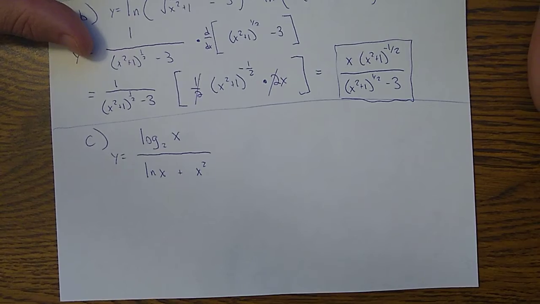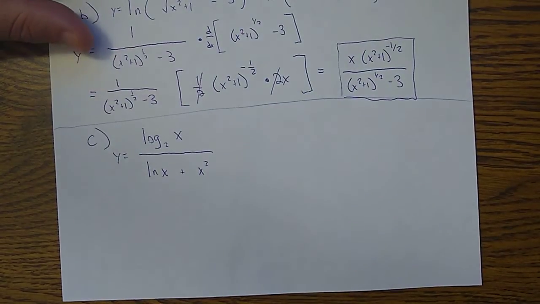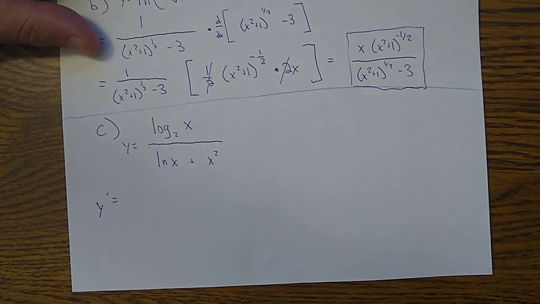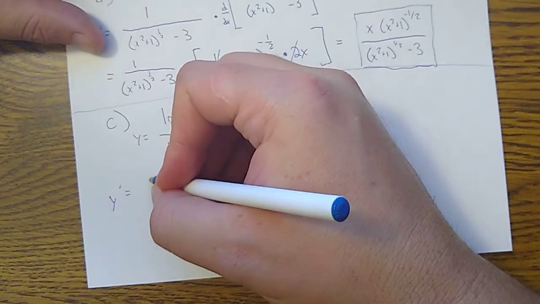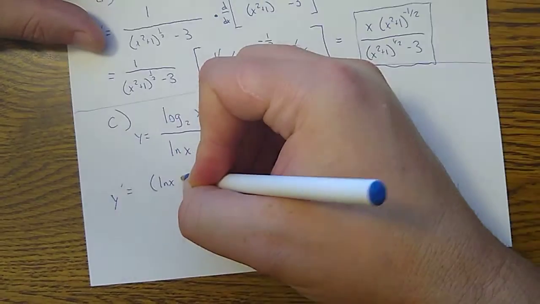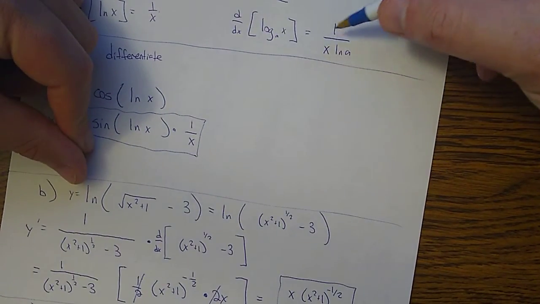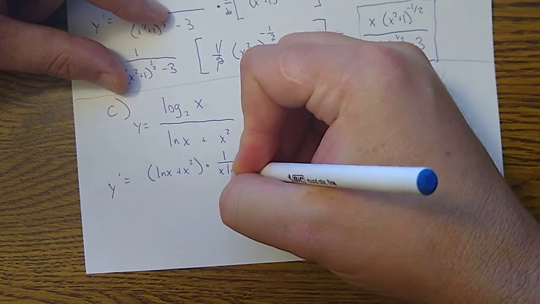Next, let's do this. I had to throw in one that has a logarithm of a different base, but this shouldn't scare us much. So quotient rule: bottom times the derivative of the top. I'm using this formula, so the derivative of log base 2 of x is 1 over x natural log 2.